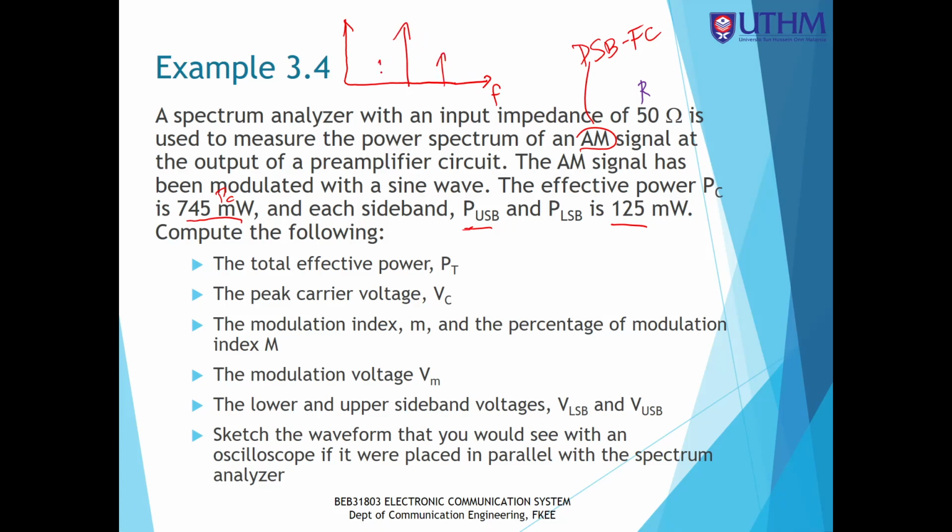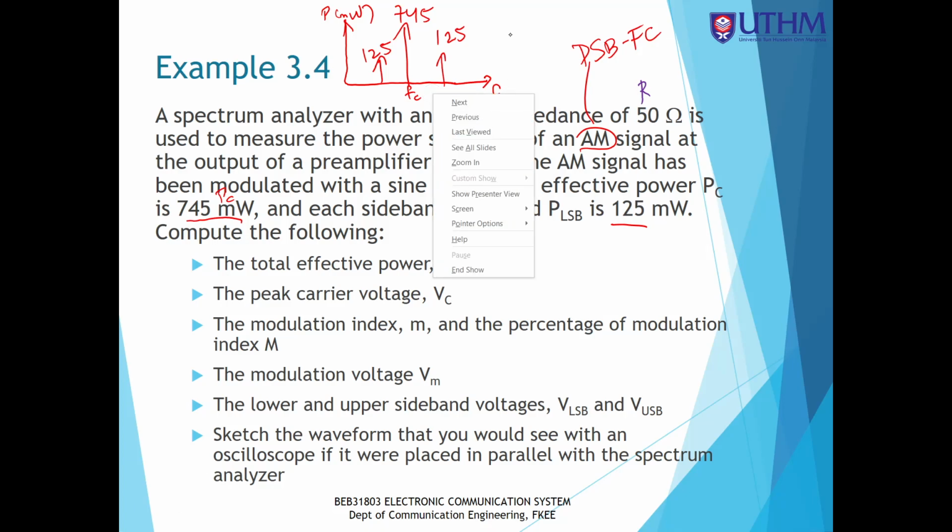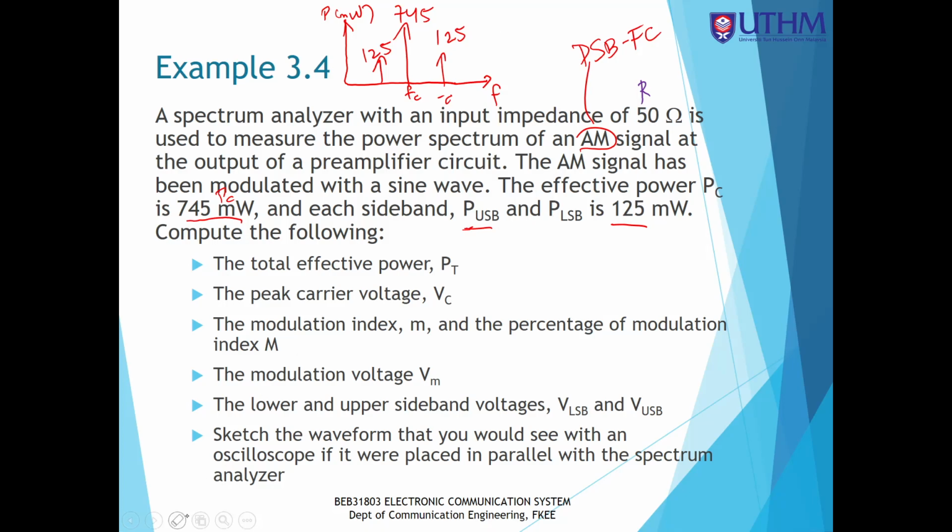We can draw this as a power spectrum, that means P versus F. So you are given 745, this is for example milliwatt, and then here is 125 milliwatt and 125 milliwatt. So this is FC. This is FC plus FM for the upper sideband. This is FC minus FM.